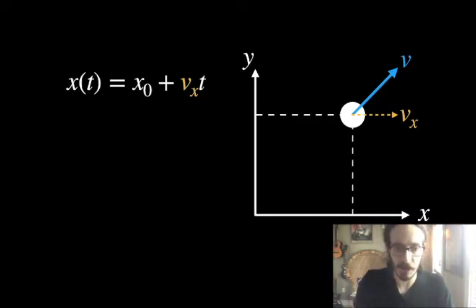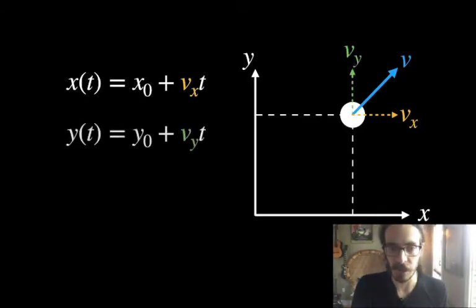So here we have the equation that we had before in the one-dimensional case. We just have an initial x-coordinate, and then to that, of course, we add the component of the velocity in the x direction, multiplied by time. And we could do that with the y-coordinate as well. And that describes the vertical position of the object over time.